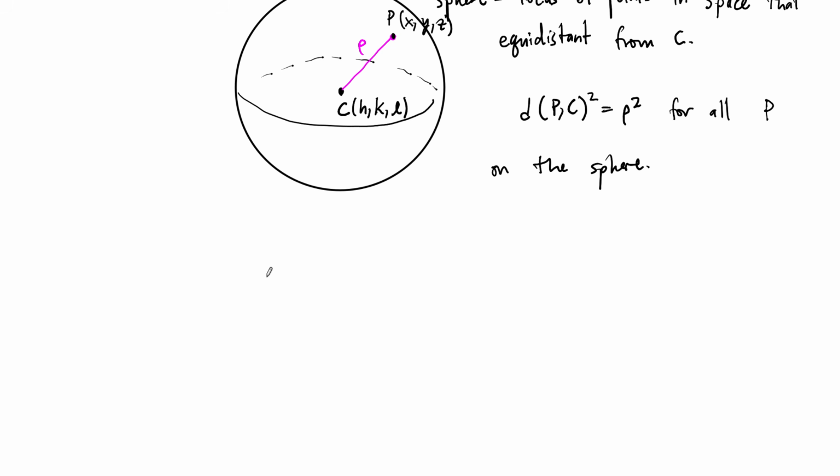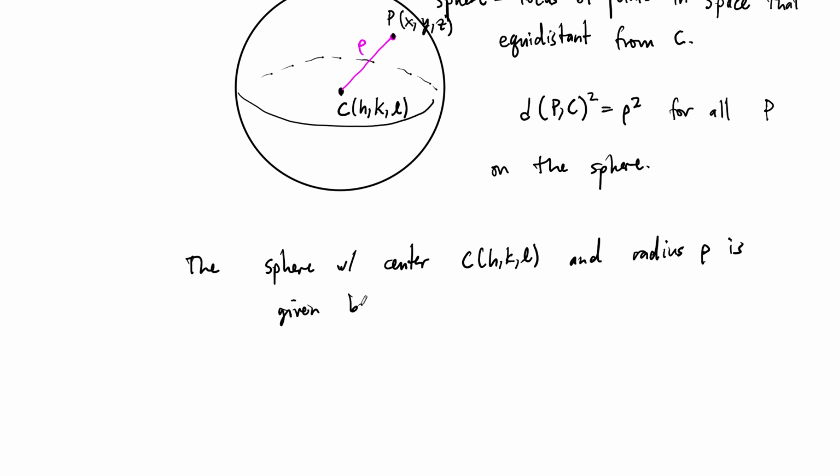And so what we end up with is that the sphere with center at this point C, (h, k, l), and radius length rho is given by this formula.